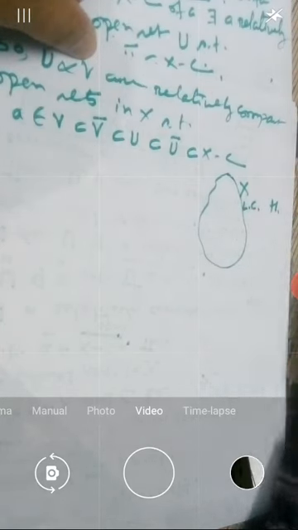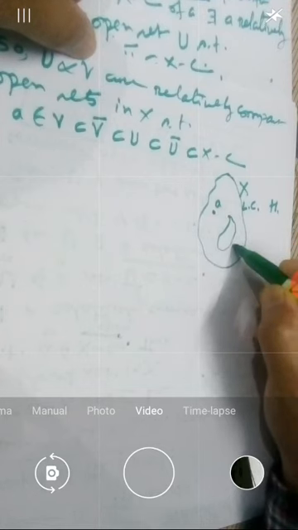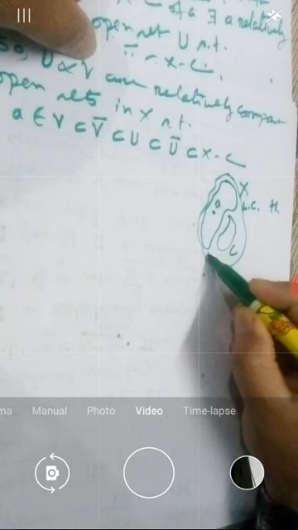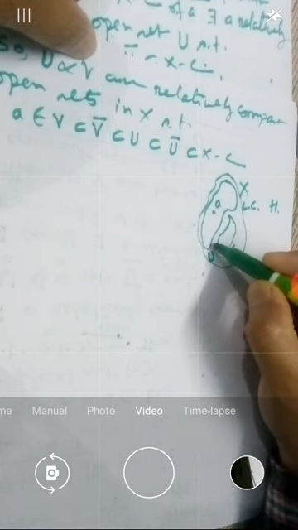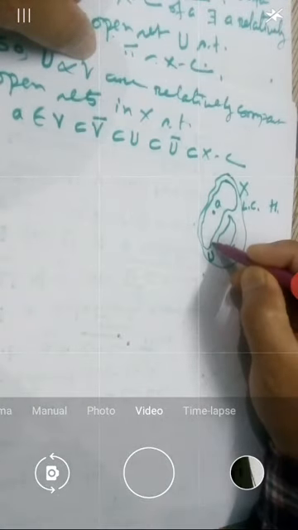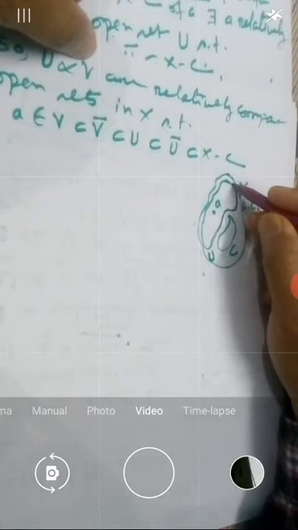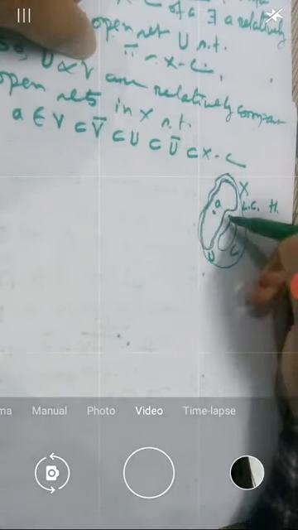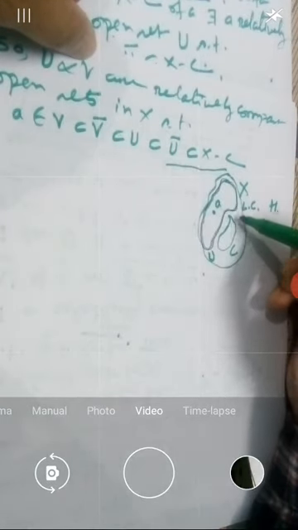So the picture is this. This is the locally compact Hausdorff space, and say this is the point A, and say this is the closed set C. At first we got a relatively compact open neighborhood U whose closure is totally contained in X minus C. X minus C means the complement of C. C is this.